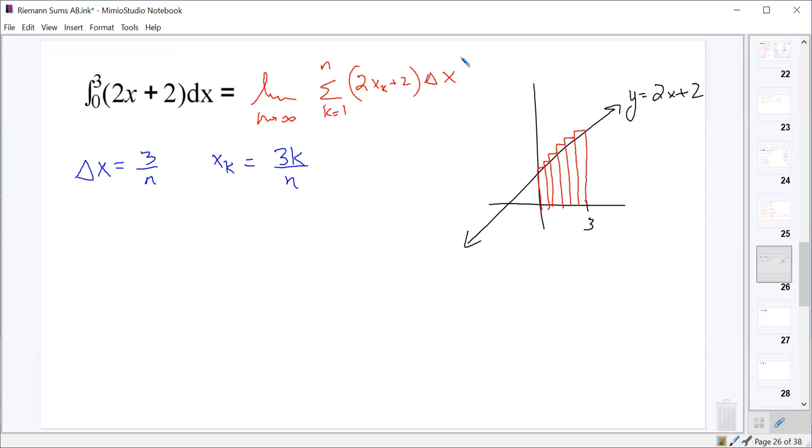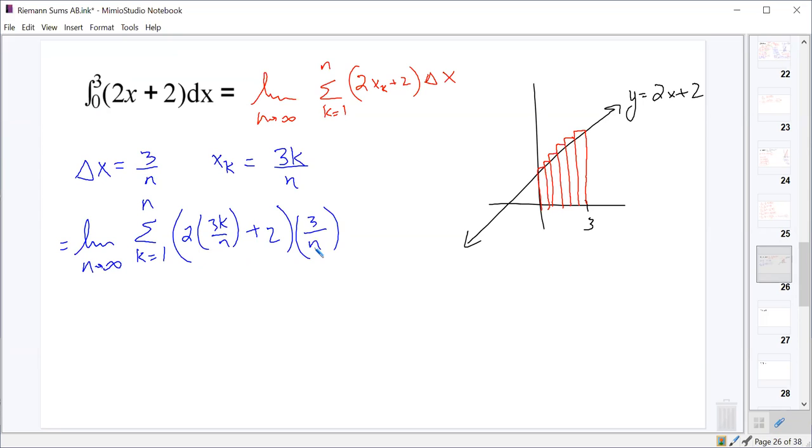And so we should be able to immediately plug all that in. We've got the limit as n approaches infinity of the sum from k equals 1 to n of 2 times x sub k plus 2, all times delta x. And once again, this is probably as far as they're going to make you simplify it, but we will go all the way through just to make sure we're good with it.